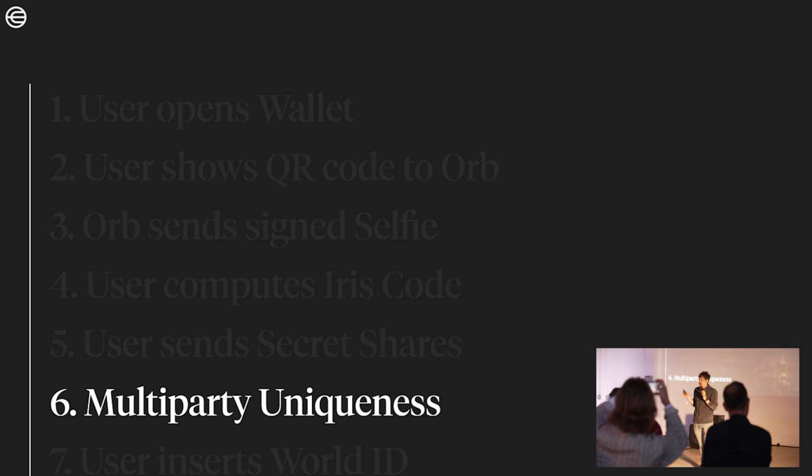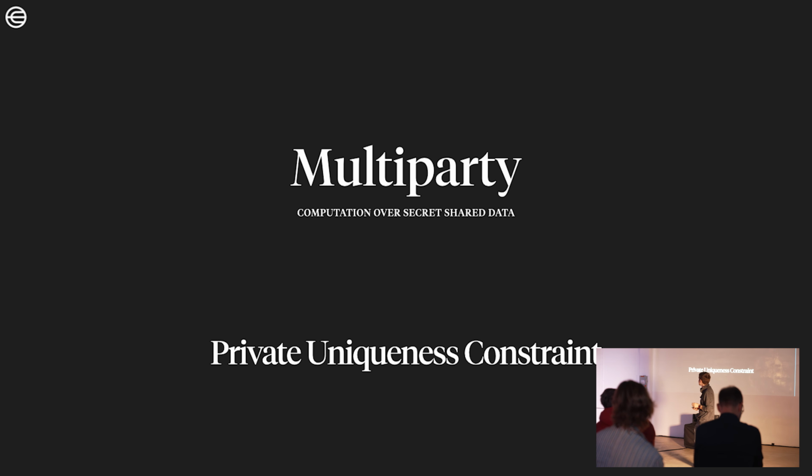There are a number of nodes that participate in a multi-party compute setup. Each of them receives a single secret share, and then they run a program in there that makes sure that, hey, these secret shares together represent an iris code that doesn't match any of the ones we've seen before. But how did it do that?